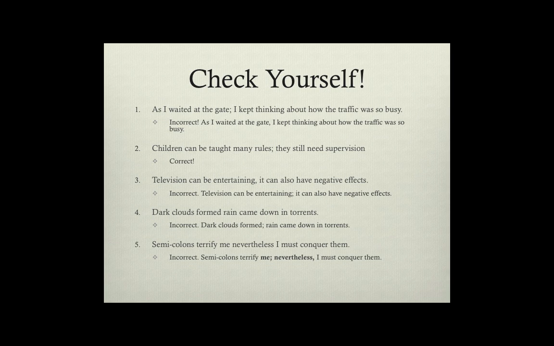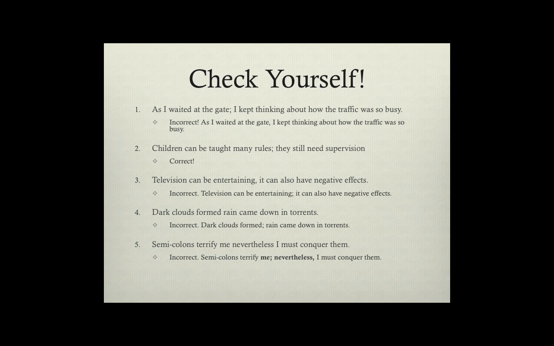As I waited at the gate. That's not a complete thought, is it? What happened as you waited at the gate? You see what I'm saying? So, this is a case where the writer used a semicolon when he should have used a comma. Okay? As I waited at the gate, I kept thinking about how the traffic was so busy.